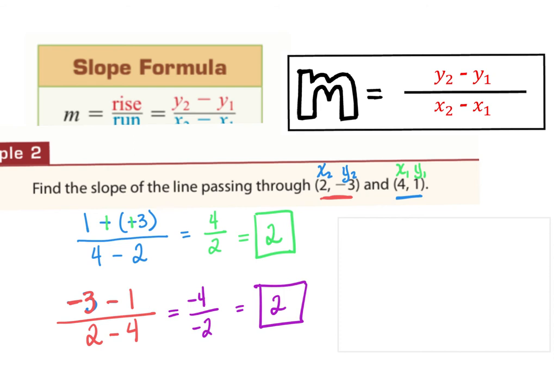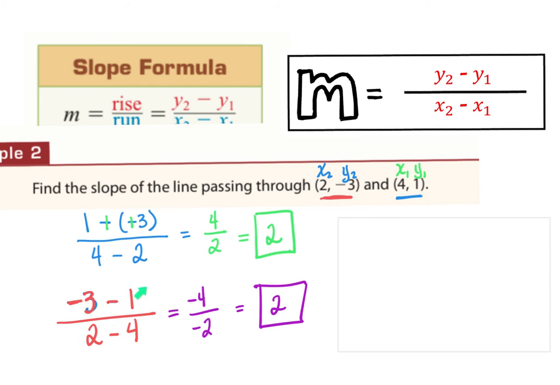So here's the thing. It does not matter which group is your first group and which group is your second group. What matters is that you keep it in the same order, okay? What I mean by that is if you start with this group in the numerator, like you start with -3, then in the denominator, you must start with +2. This group has to be together, whether it's second or whether it's first, okay?